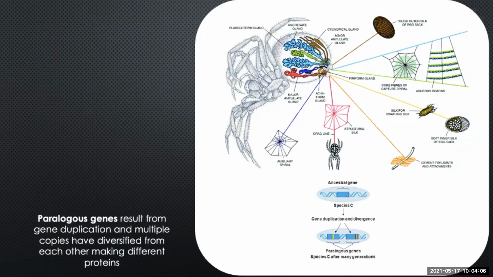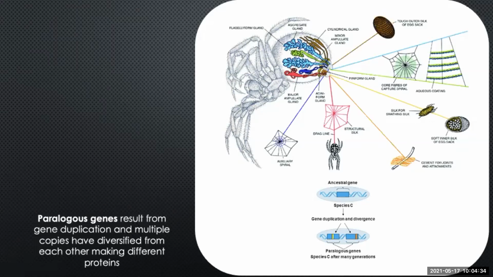So all of these are very similar chemicals that at some point were probably the same gene. And then over time, over different generations and different lineages, that gene got copied, and then slowly but surely those sequences changed. And so now spiders can produce a silk that's primarily made of beta helices and alpha spirals.